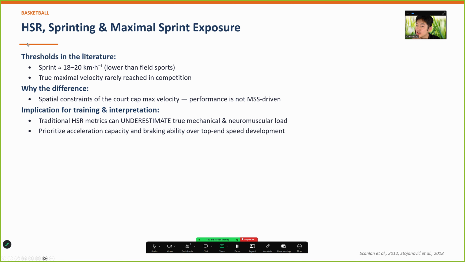The high speed running threshold in the literature for sprint is about 18 or 20 kilometers per hour, lower than field sports. True maximal velocity is rarely reached in competition.